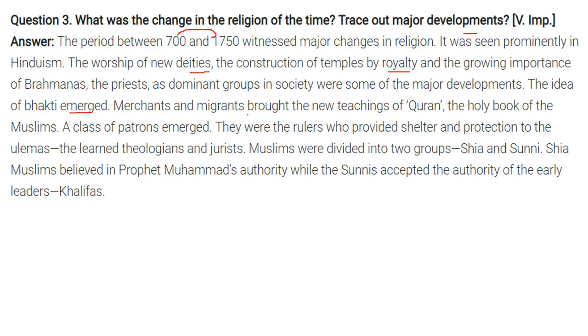Merchants and migrants brought new teachings of the Quran, the holy book of Muslims. A class of patrons emerged. They were the rulers who provided shelter and protection to the ulemas, the learned theologians and jurists. Muslims were divided into two groups, Shia and Sunni.